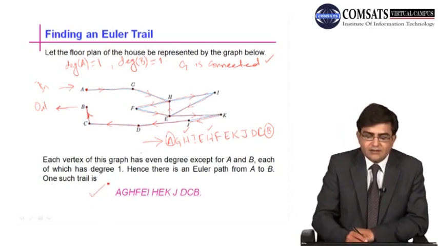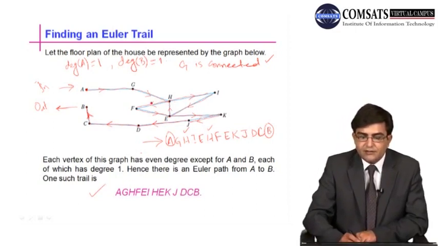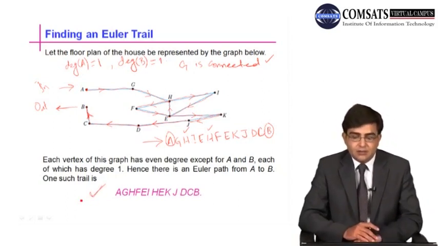You can construct some different Euler path. For example, this is again another Euler path from A to B, but it uses some different path, but it is still an Euler path also.